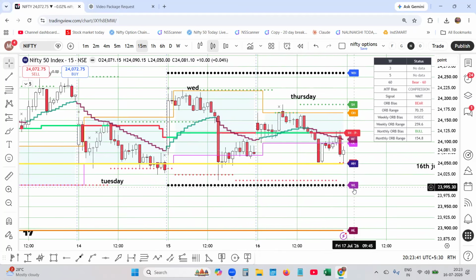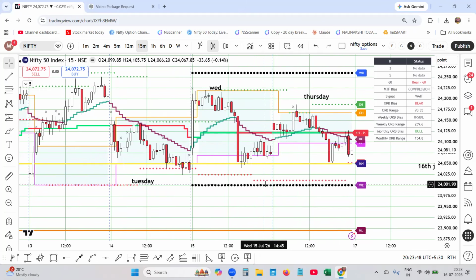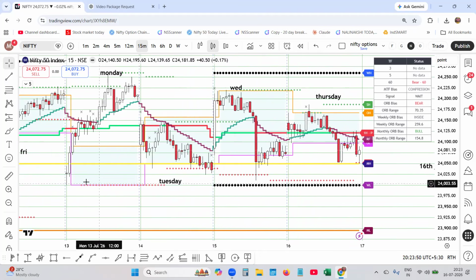And this is weekly low. Weekly low has been plotted. Why is it weekly low? It goes back to Monday, Tuesday. This is previous weekly low. The market is within the previous weekly low and current weekly low.